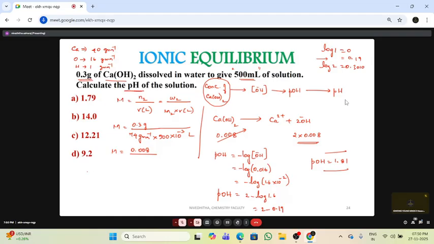The relationship is pH plus pOH is equal to 14. We know the value of pOH and we have to calculate pH. So 14 minus pOH, which is 1.81. So the answer is... so which option is right?